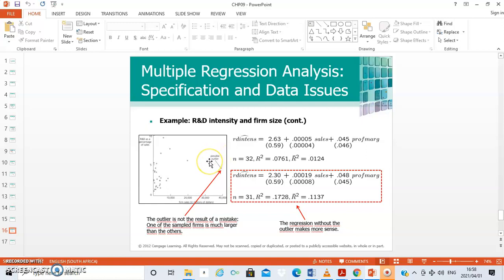And this outlier might not necessarily be as a result of a mistake, but maybe some firms have invested extremely heavily in R&D, and you have an extreme different value. Usually that will distort the results in terms of averages, because all the other firms average around this area and this firm is somewhere here. That's why regressions with an outlier will be distorted compared to regressions with no outlier, because the one with no outliers gives a truer picture of what the average situation could be within the context.